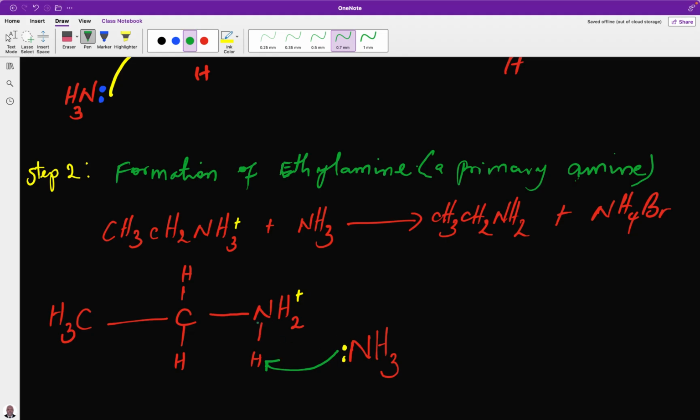Electrons here now come to the nitrogen. As the nucleophile is attacking the positive center here, electrons between the nitrogen-hydrogen bond are pulled towards the nitrogen, and it is indicated by the movement of the curly arrow. So this is the resultant.